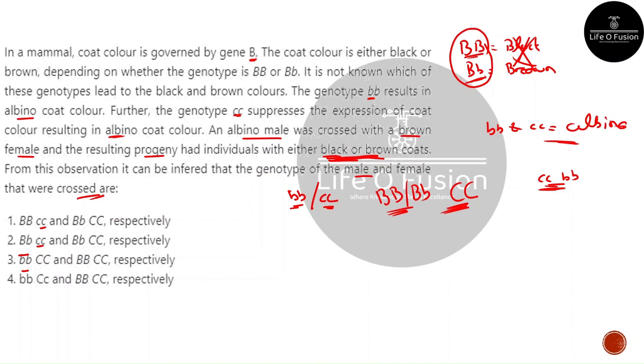So if you cross between any of these, from where will you not find a child with small c or small b? If you cross one, capital B, small c, with capital B, capital C.